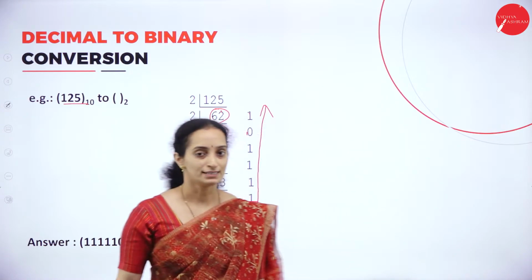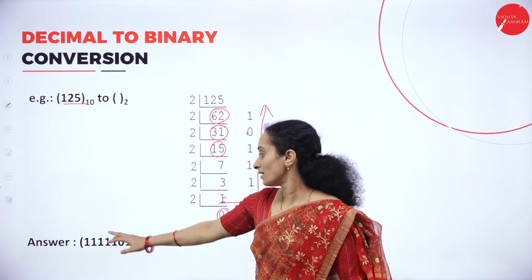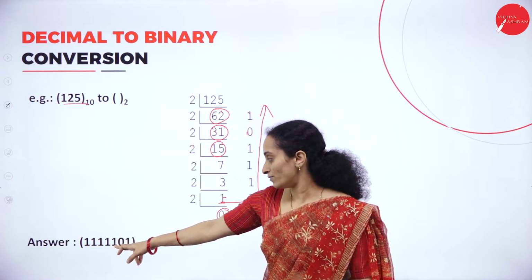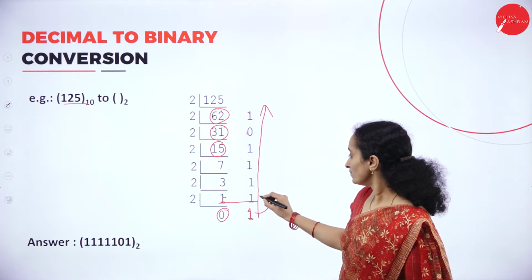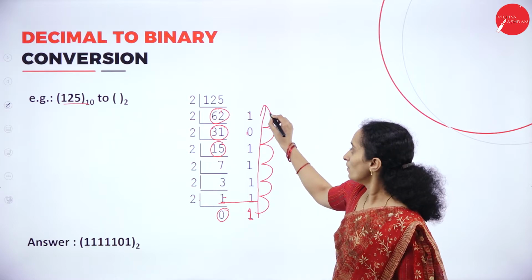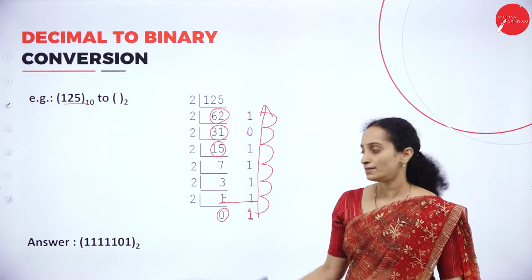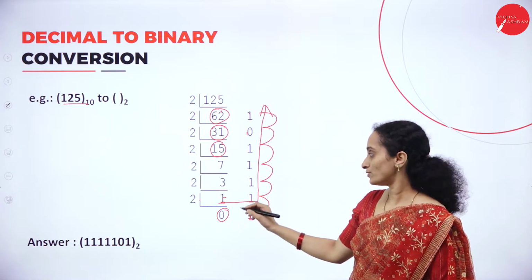We have the result 1, 1, 1, 1, 1, 0, 1. So here we have 1, 1, 1, 1, 1, 0, 1. Listing must be done from bottom to top.